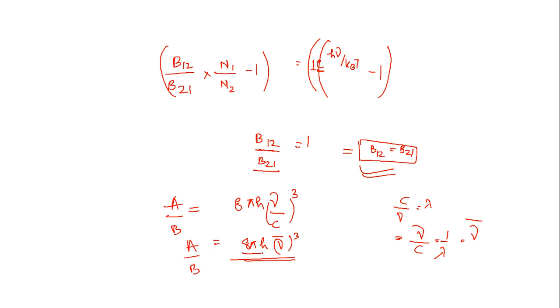Now, since all these values are constant and this value is also not negative, wave number will have some positive value, which states that A upon B should be some positive value which should be greater than 1. Now, if A upon B value is greater than 1, definitely A should be greater than B. Is it correct?